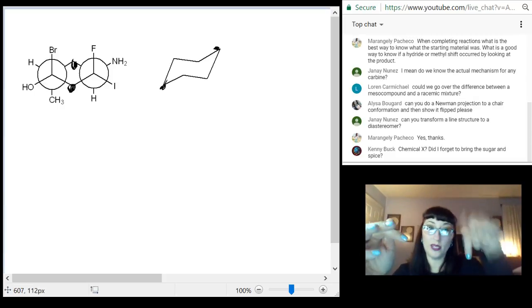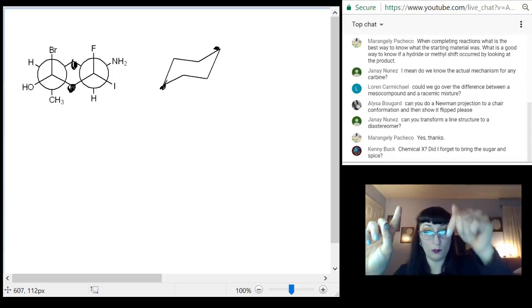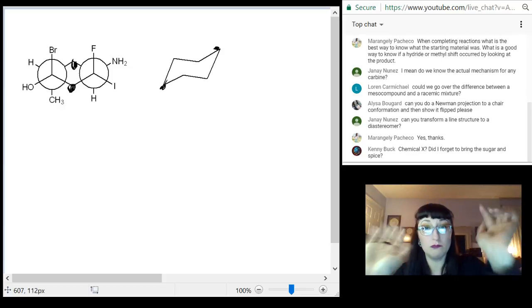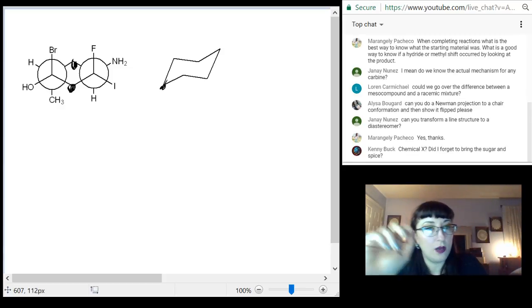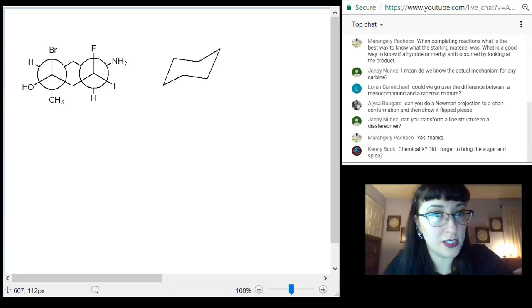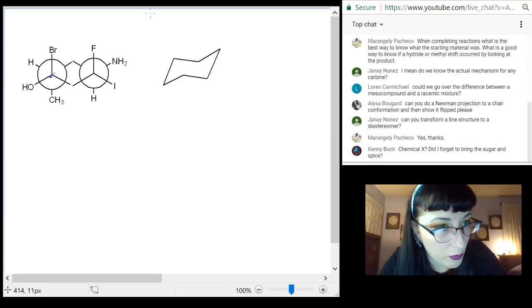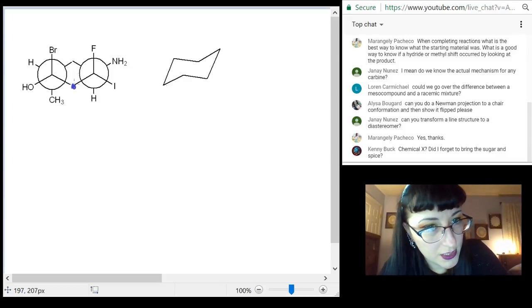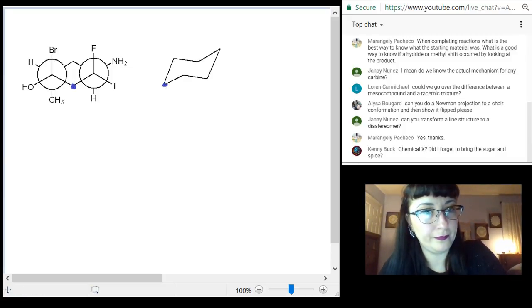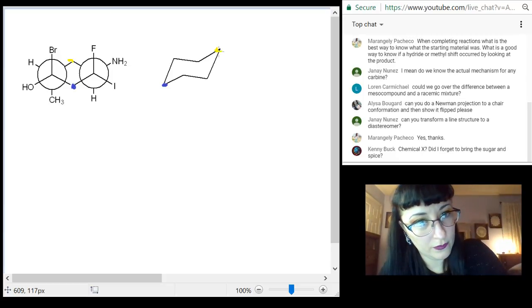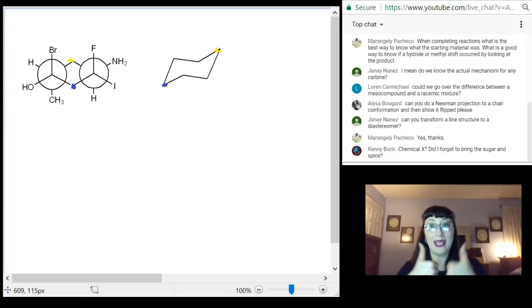So the one pointing down is the one pointing down, the one pointing up is the one pointing up. It should make sense. Now, if I want to color code that, because I know some of you like that: down, down, up, up.